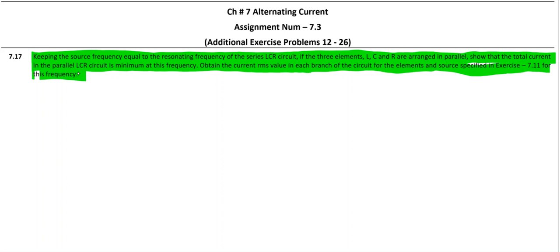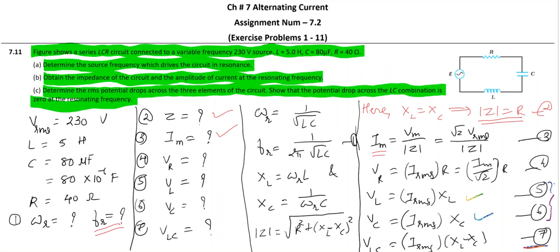for this frequency. So let us first have a look at exercise problem 7.11 and then we will come back to this problem. Here is 7.11 and as we can see here, all the three components are connected in series. Now we have the same component, same source, but the three are to be connected in parallel.